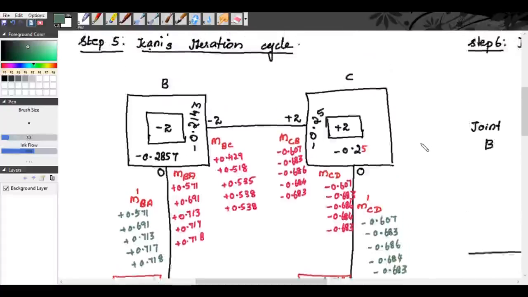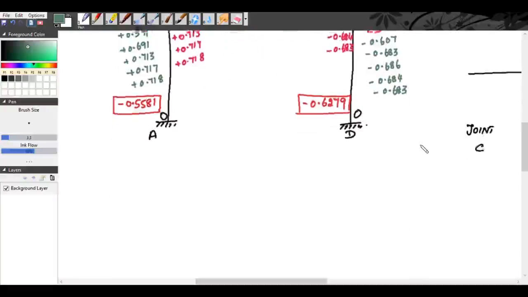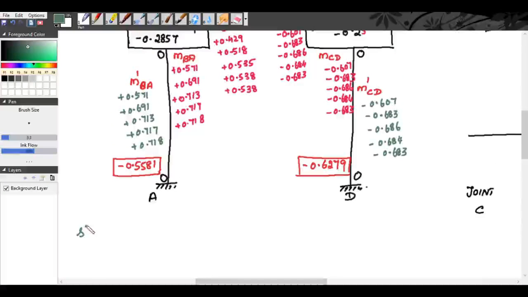So we will move on to step 7, where we write the rotational and displacement contributions. Rotational contributions: you have to consider the values obtained in the last iteration.